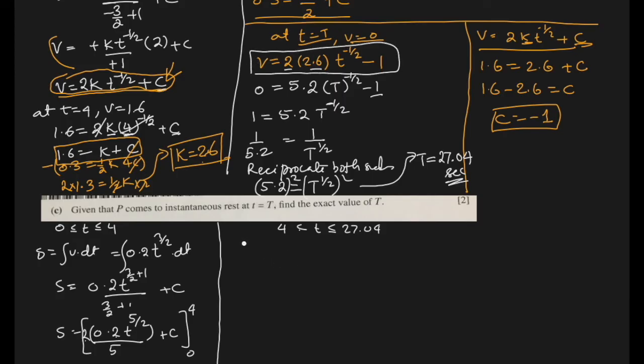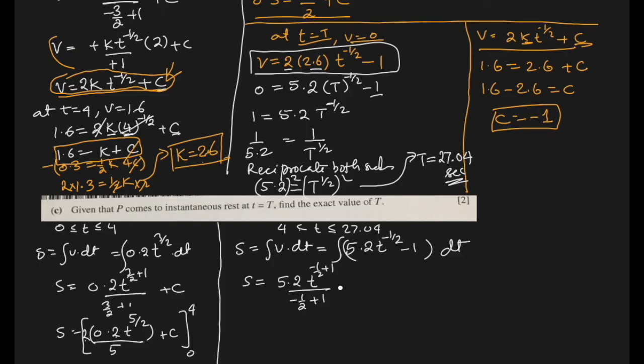So I have to integrate s equal to v dt again. That means we have to integrate this one, 5.2 t to the power minus half minus 1 dt. So s equal to 5.2 remains 5.2 t to the power minus half plus 1, over minus half plus 1, minus, the integration of minus 1 will be t, and then we'll have a constant c.